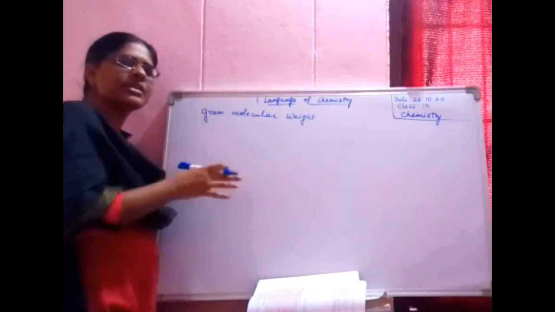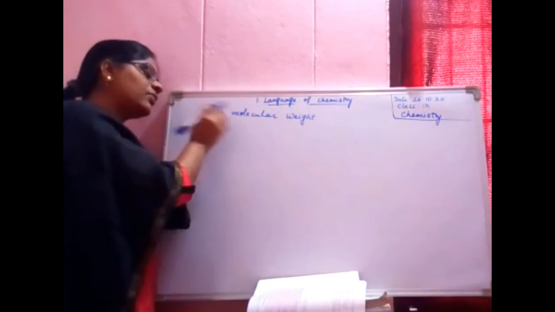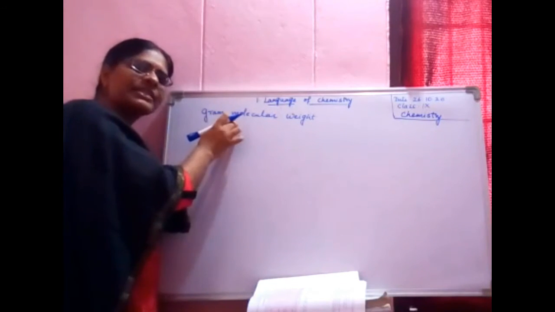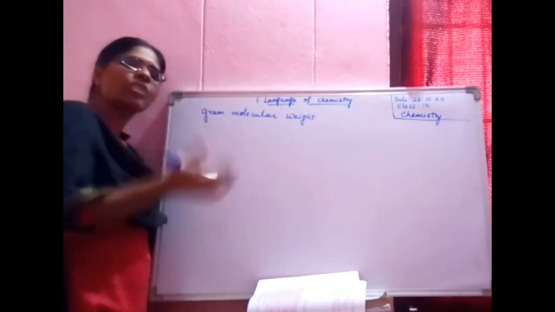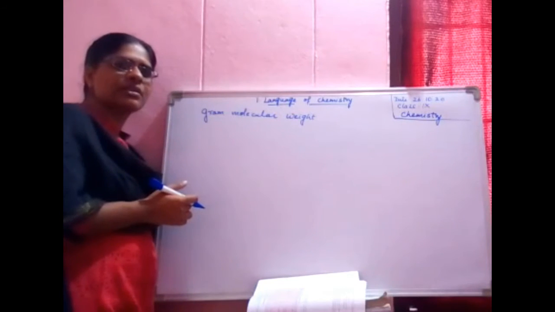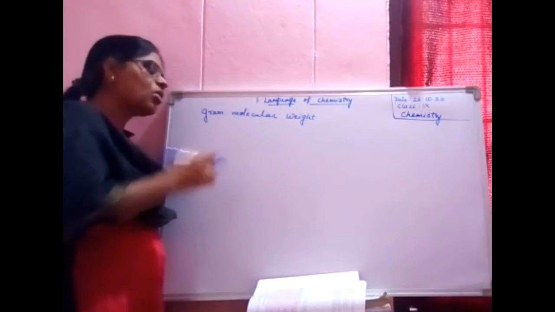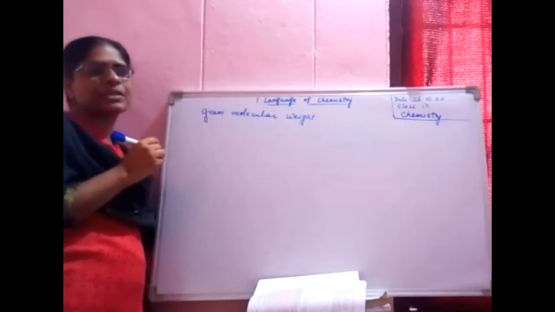This is also similar to the earlier one, but here we always express this in grams, or we call it unified mass. Okay? Unified mass, or we always express this in grams.